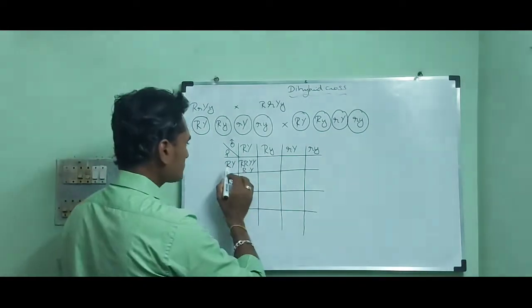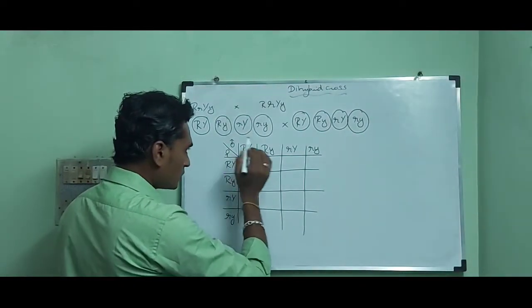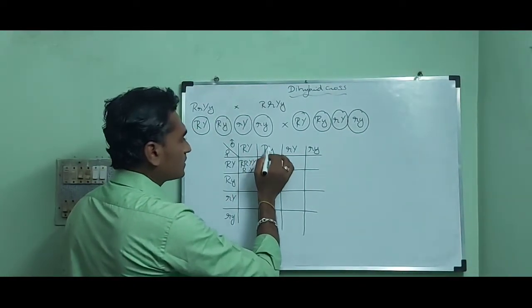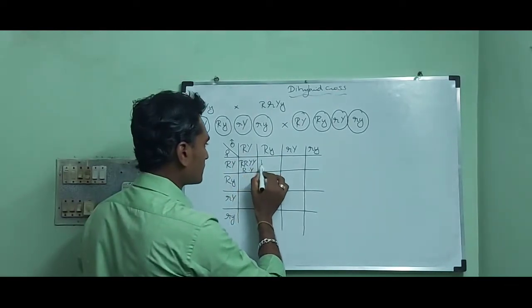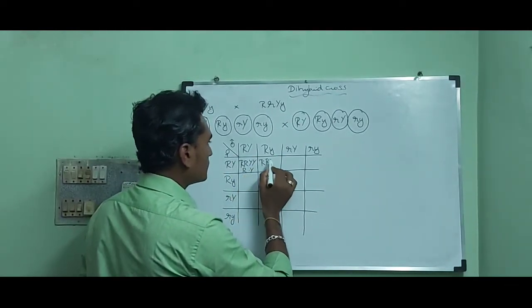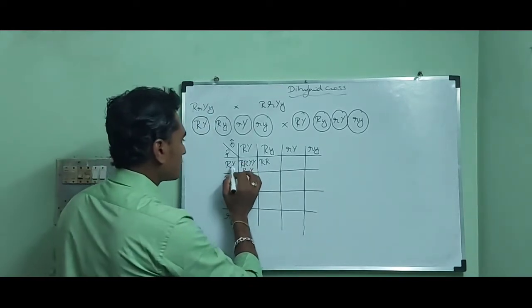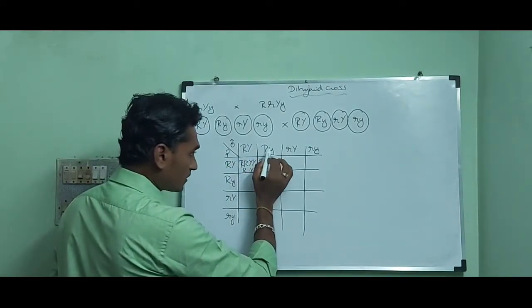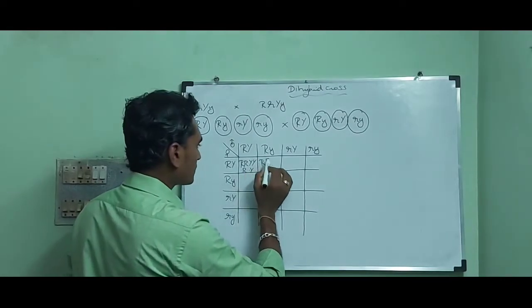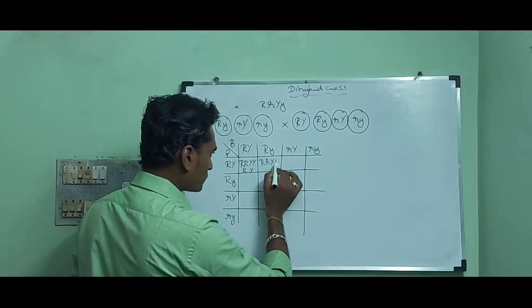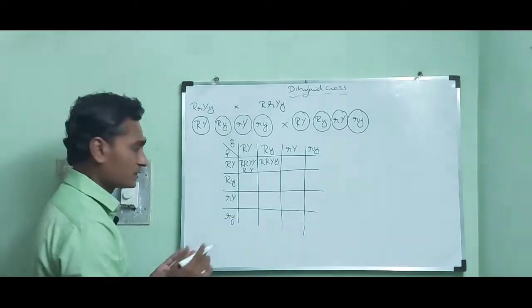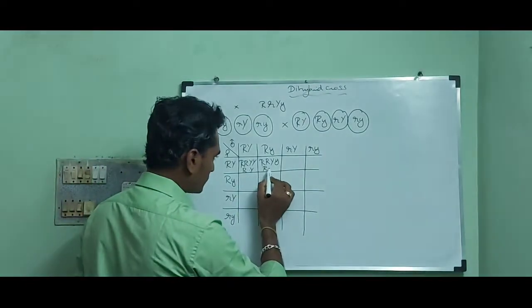Then capital R, capital Y fused with capital R, small y. So capital R, capital Y, small y, and results in round yellow.